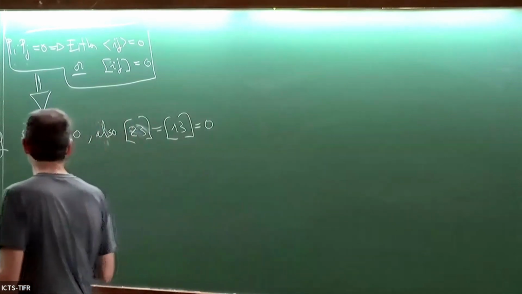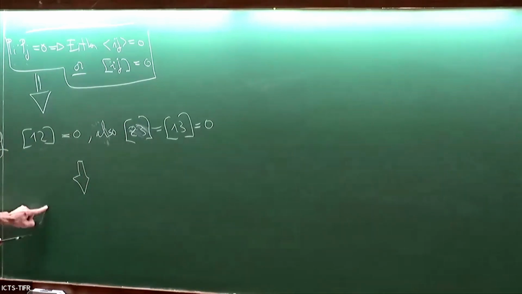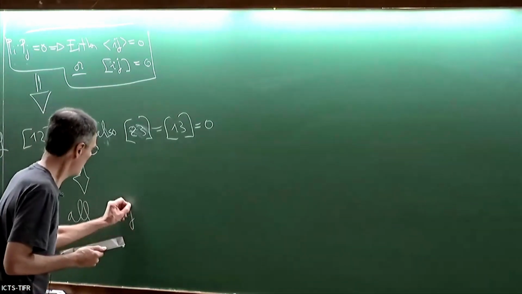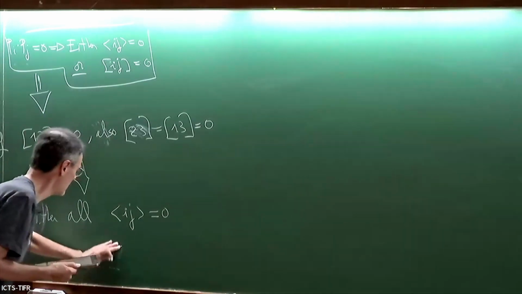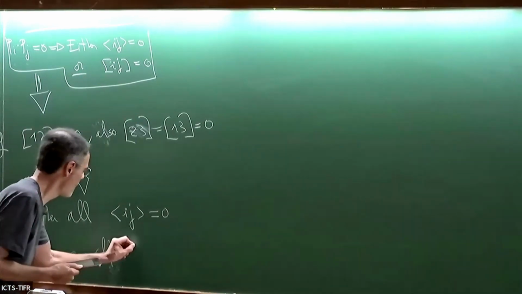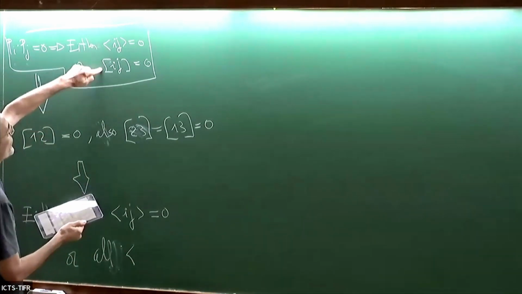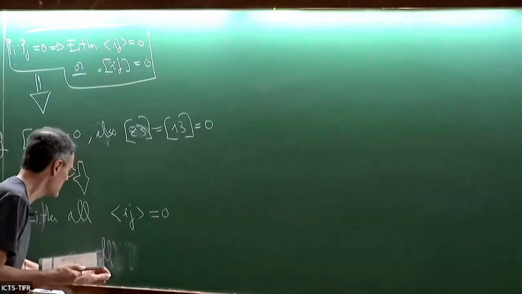So the conclusion is that either all angle brackets ij are 0, or, second possibility, all square brackets are 0. You cannot take the angle for 1, 2 and the square for the other. In principle it looks like you could, but not when you look at the details, and this is in the notes.